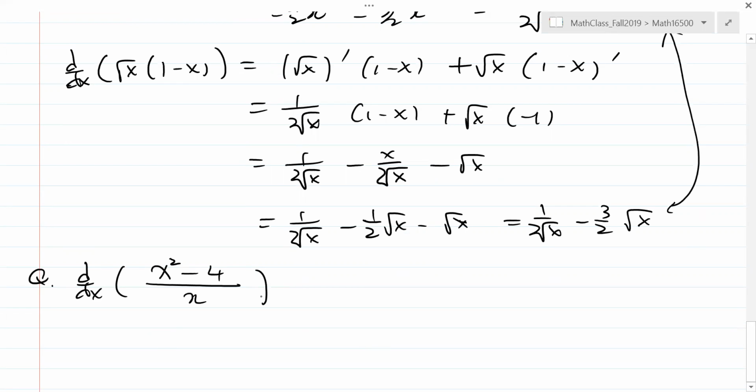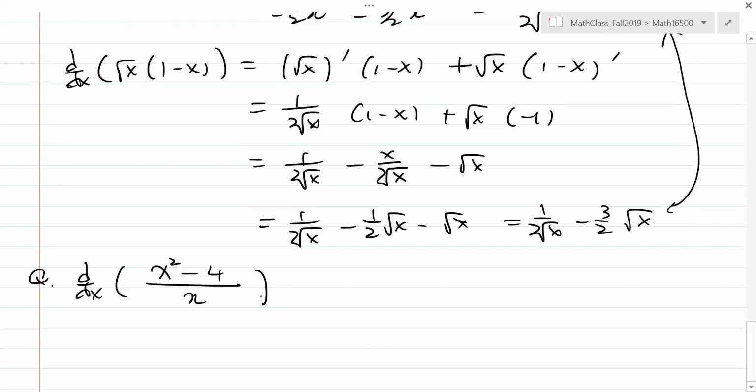So you try this. Please do it. All right, so this is (x squared minus 4) divided by x.